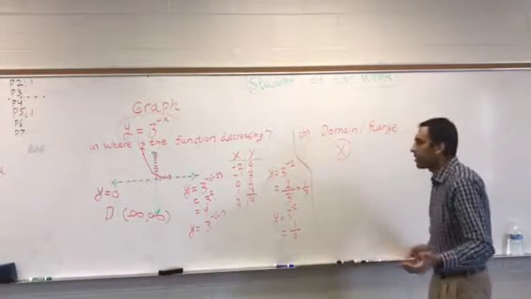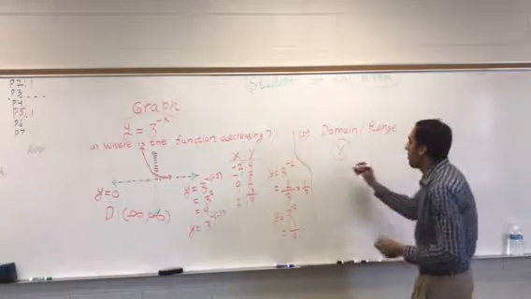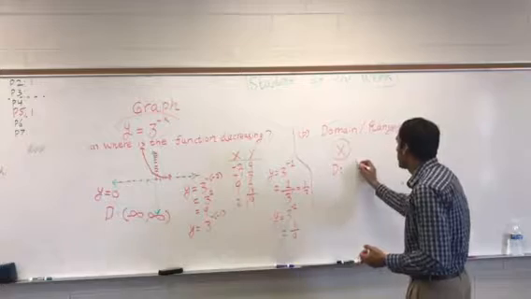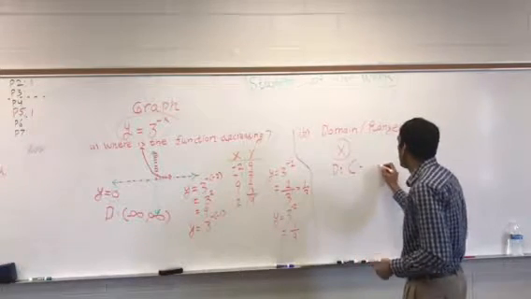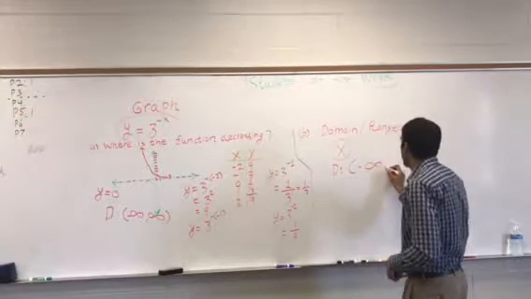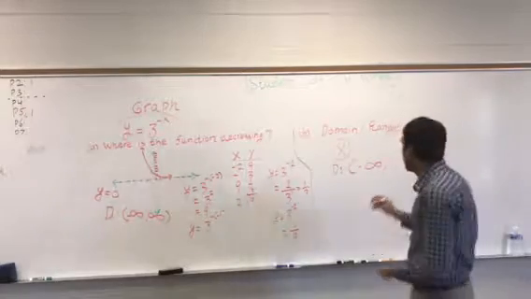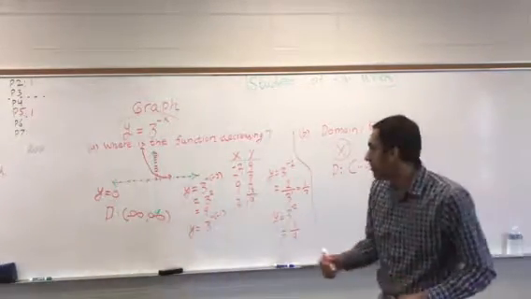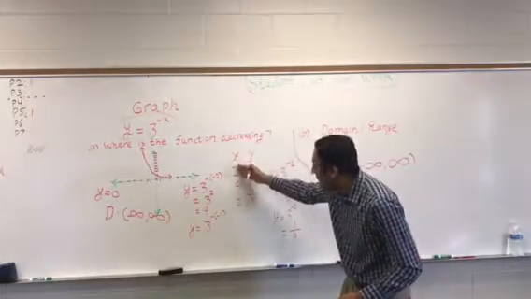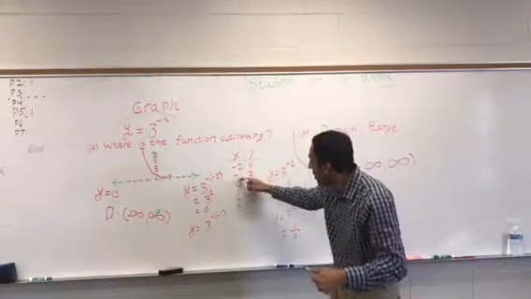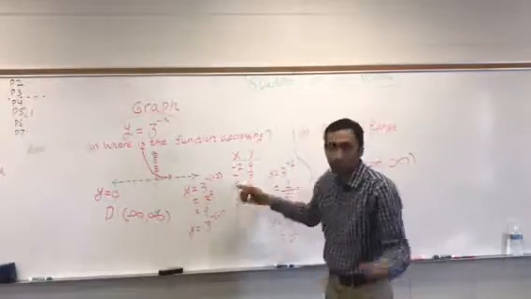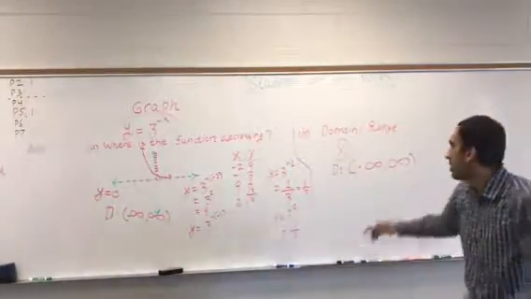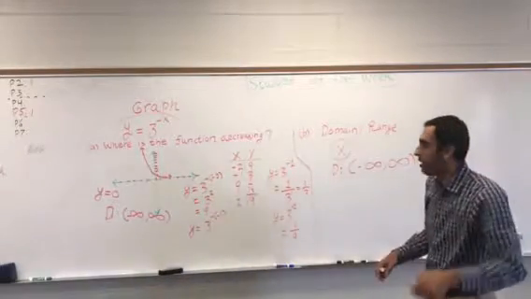If nothing makes it undefined, then your domain is going to be from negative infinity all the way to positive infinity, right? Because any negative number is good for x, any positive number is good for x, and 0 is of course good for x. So your domain is all real numbers.